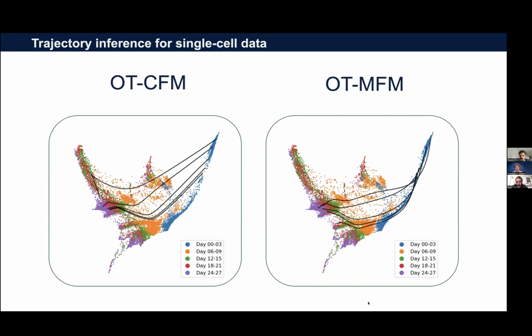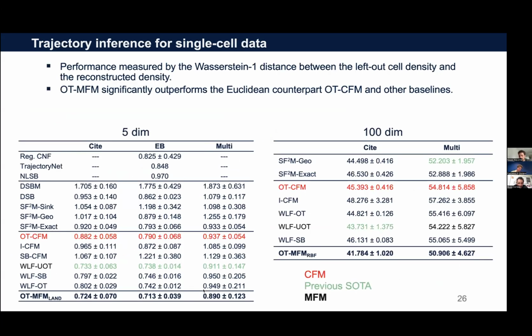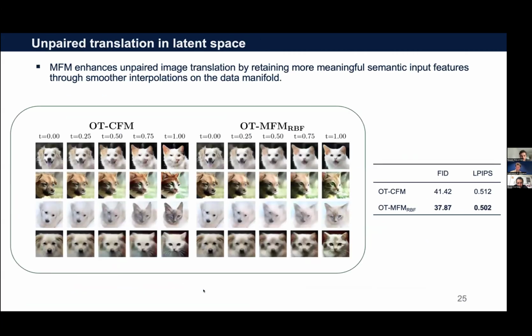But will you always need some kind of low dimensional representation of the data to extrapolate these geodesic paths, or you don't really care about that? No, we don't care about that. This is simply for visualization. As we showcase here, we use 100 dimensions and even more in the case of latent space, which I believe is 32 times 32 times 4.